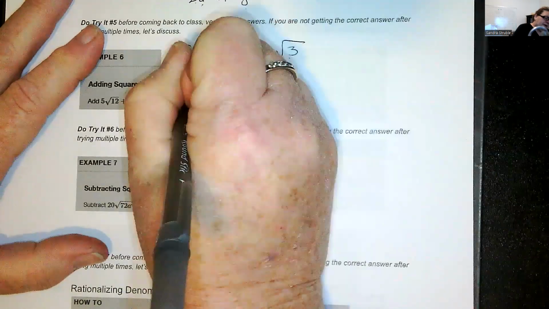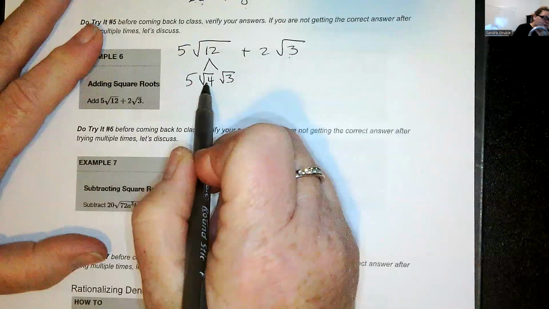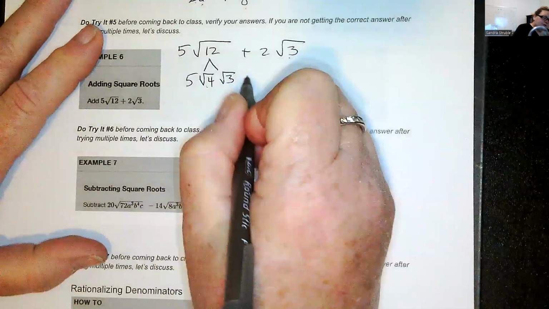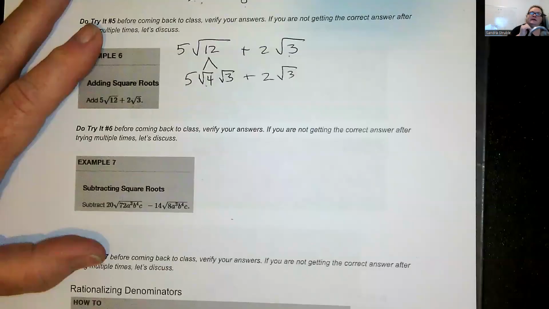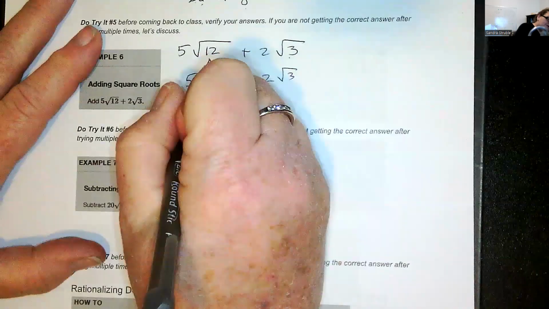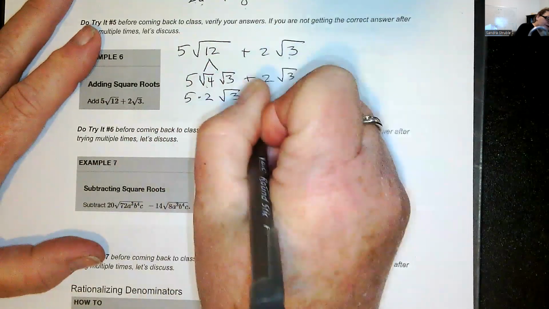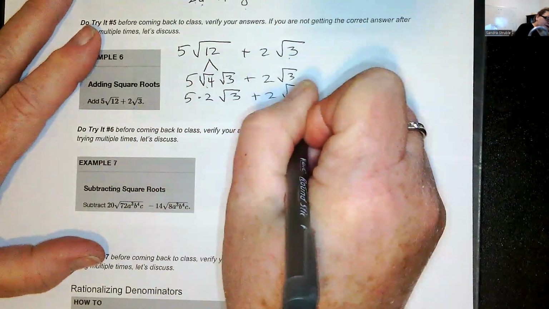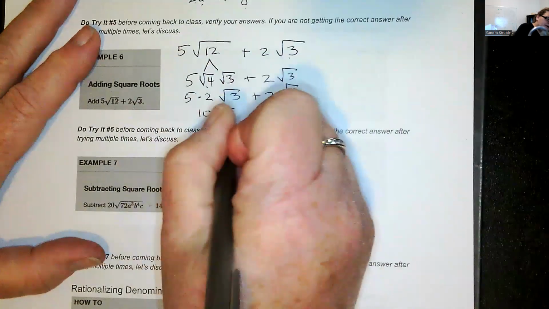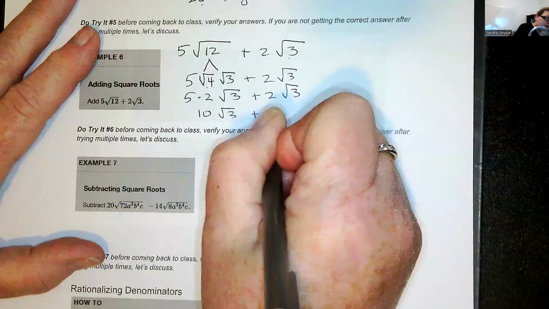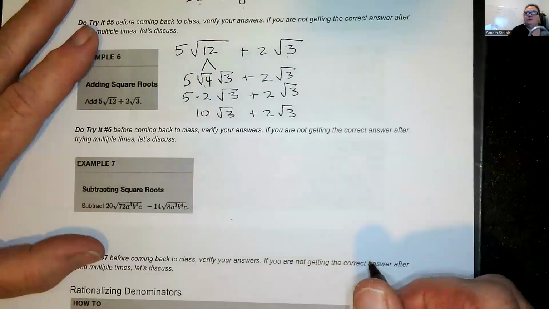Okay, so that gives me 5 square root of 4 square root of 3 plus 2 square root of 3. I always bring everything down so I don't lose anything along the way. So that becomes 5 times 2 square root of 3 plus 2 square root of 3, which is 10 square root of 3 plus 2 square root of 3. And yes, this could be more steps than you need.